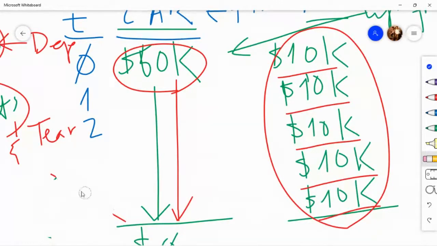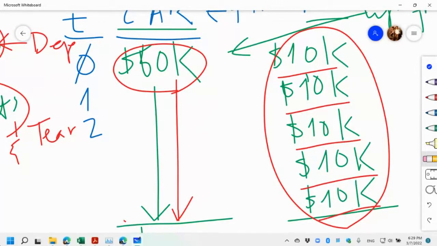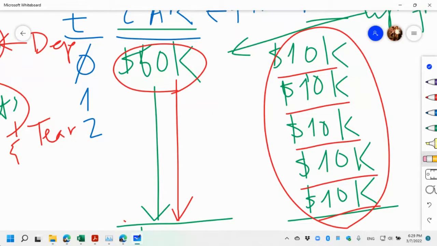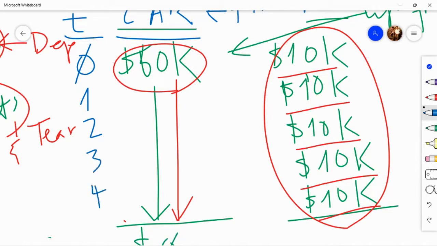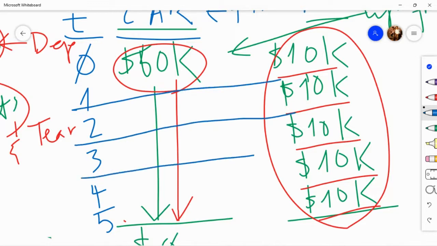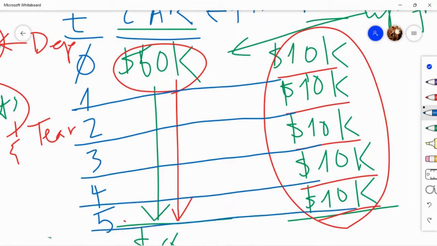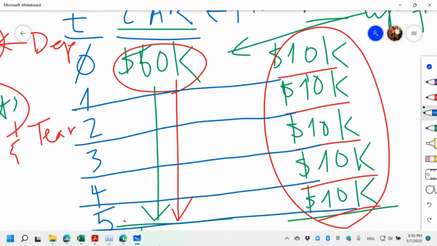So I'm gonna do time 0, time 1, 2, 3, 4, 5. So this is end of the first year, end of the second year, end of the third year, end of the fourth year, end of the fifth year, right? Makes sense?